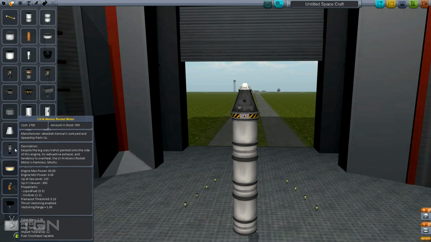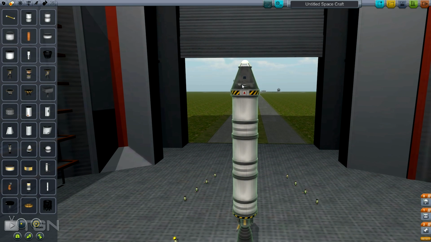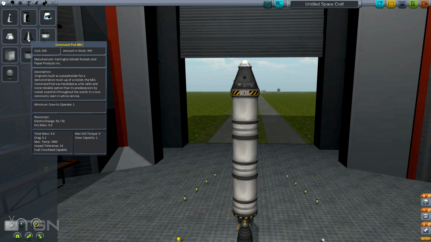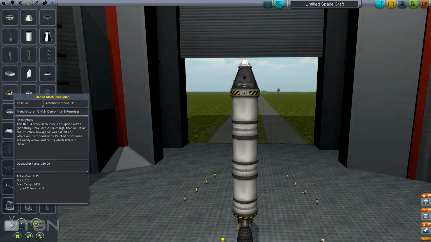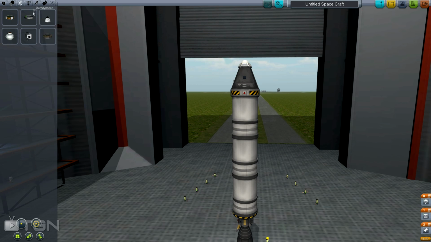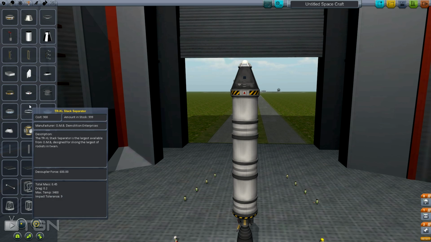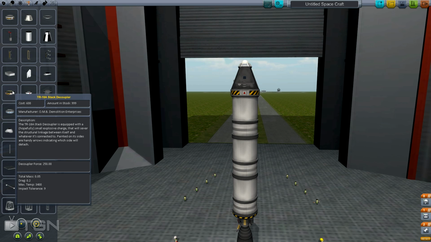And one of these. So let's go ahead and do the math on this real quick. We have our capsule, which we already know is 0.8 mass, plus the parachute, which is 0.1, so we're going to add 0.1, and then we've got a decoupler, 0.05, plus 3 fuel tanks, which are 2.25 each. So 2.25 times 3 plus 0.8 plus 0.1 plus, what was the decoupler again? 0.05.